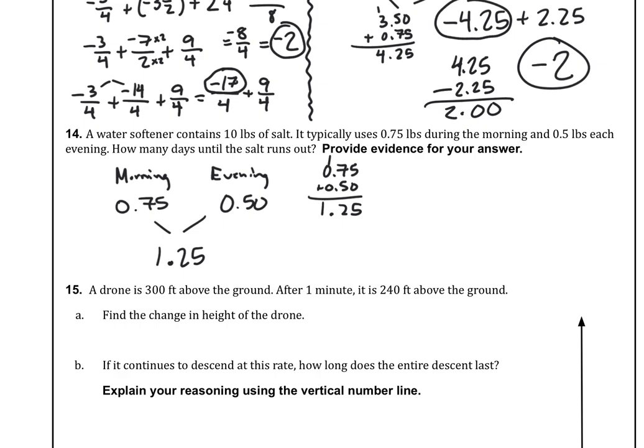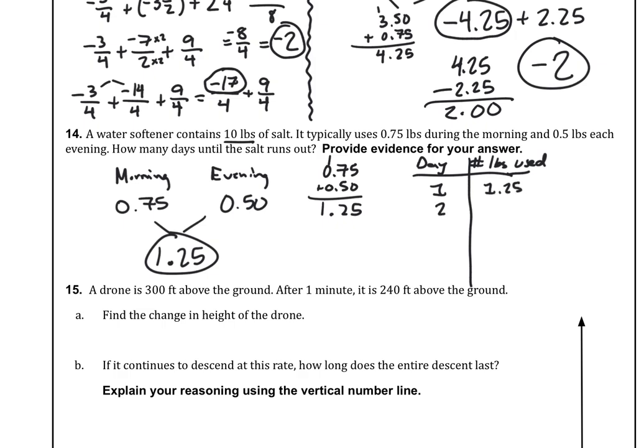Okay, I start with 10 pounds of salt. I want to know how many days I can use this before I run out. Again, a couple different ways we could do this. I like to make a chart. We'll say this is the day, and this is the number of pounds that have been used. On day 1, I use 1.25.